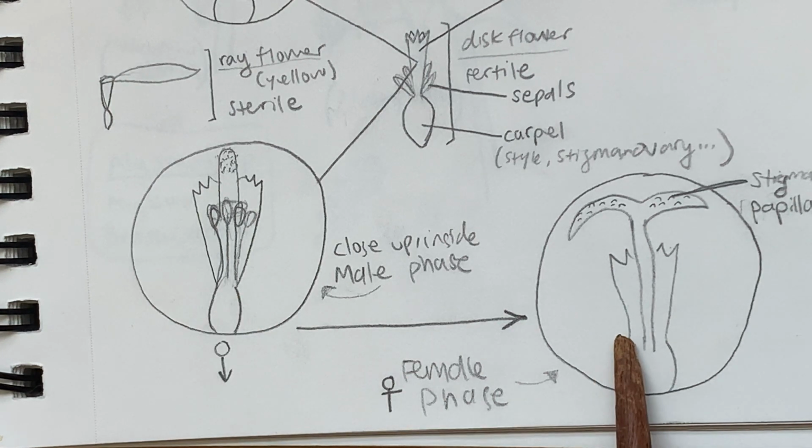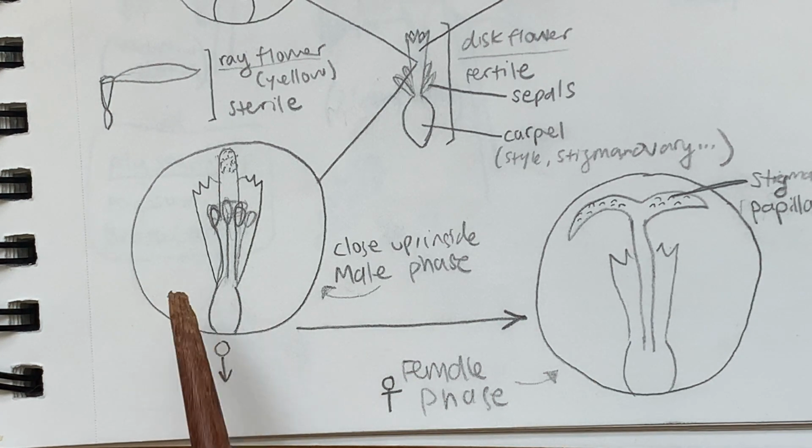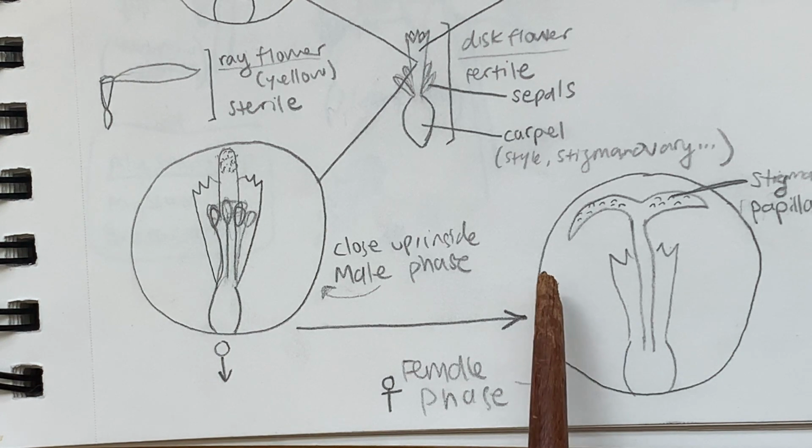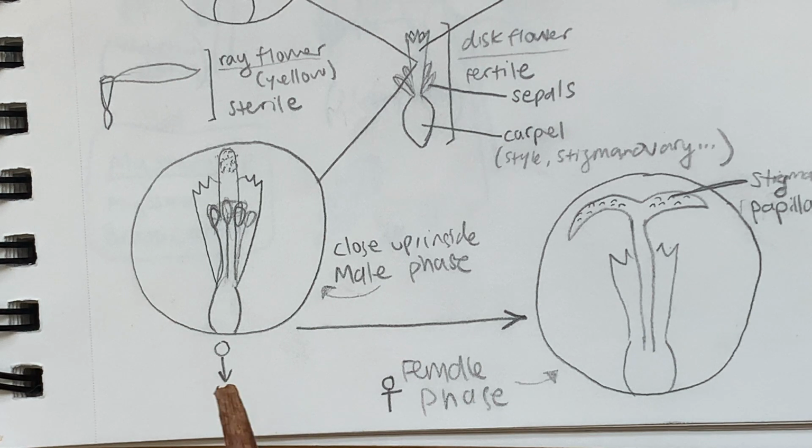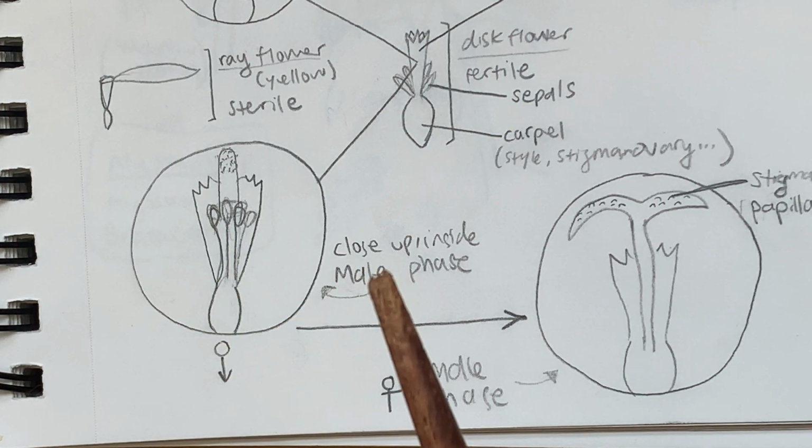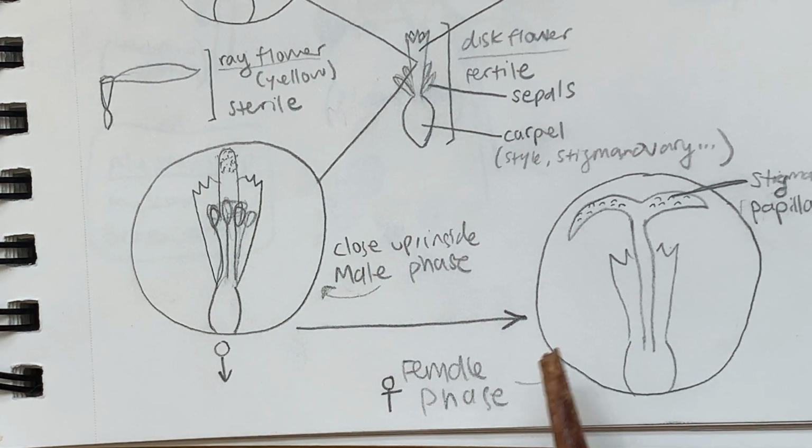And so for a lot of plants, they will go through both a male phase and a female phase. Some plants remain either male or female their whole life, or have male or female parts within the flower. But here you can see the male and the female phase.